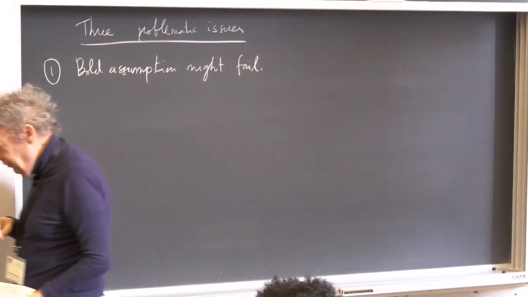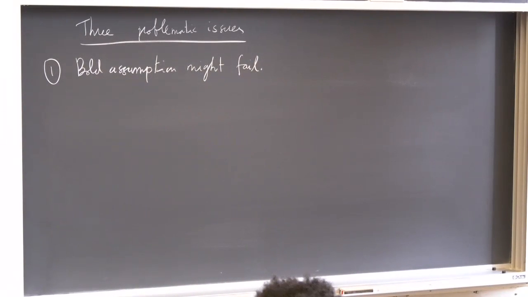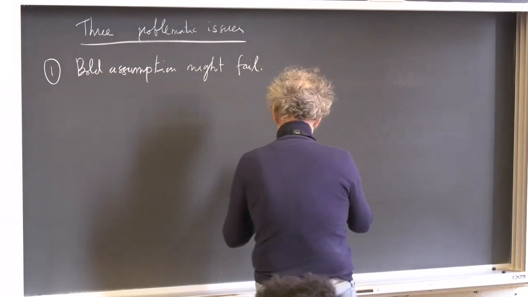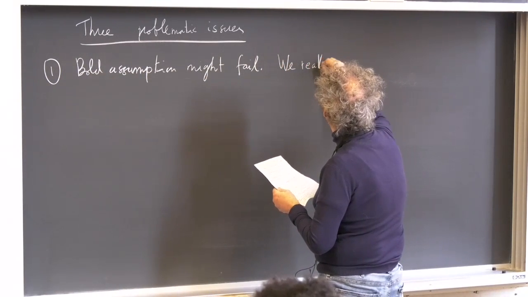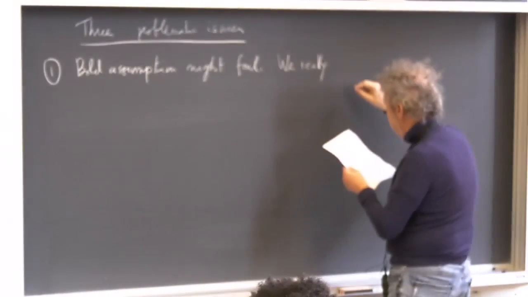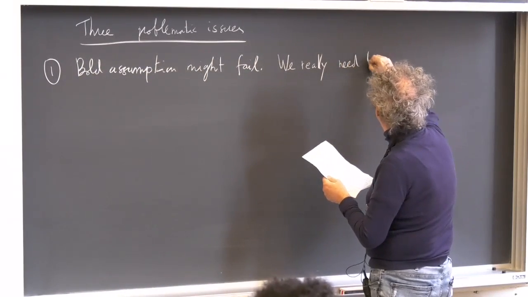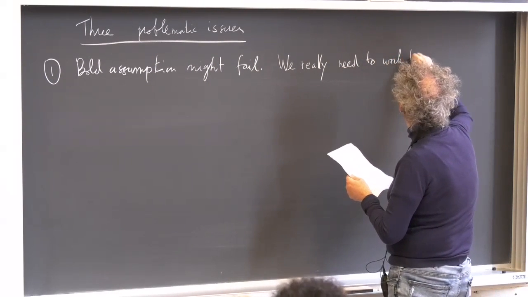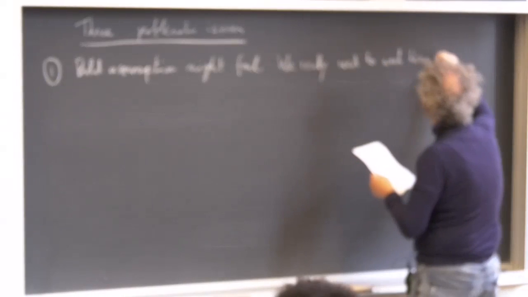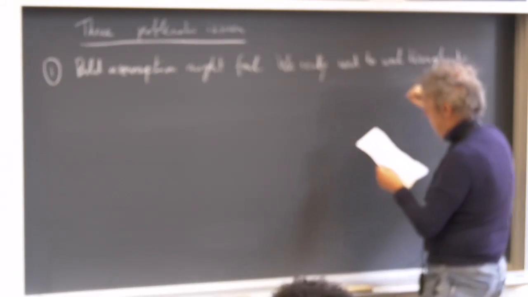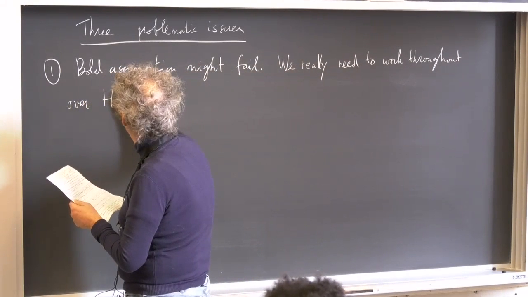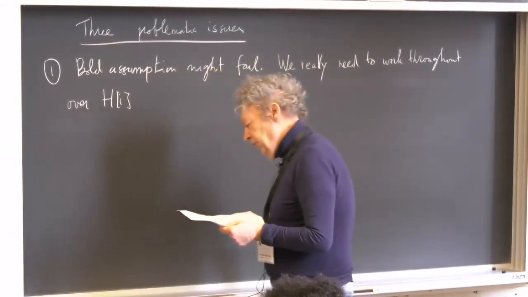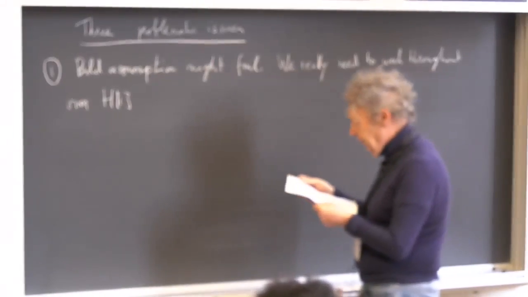What we really need is to work all the time, not over H, but over its algebraic closure, H[i]. So this whole sketch, we really need to work throughout over H[i]. H is real closed, so H[i] is algebraically closed.